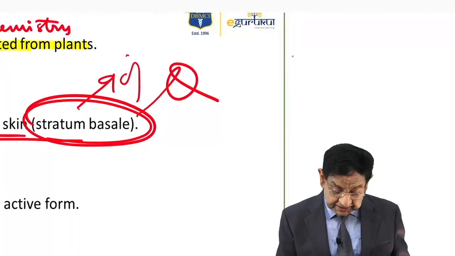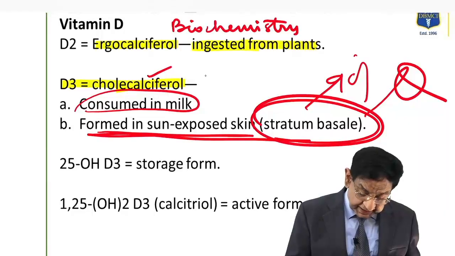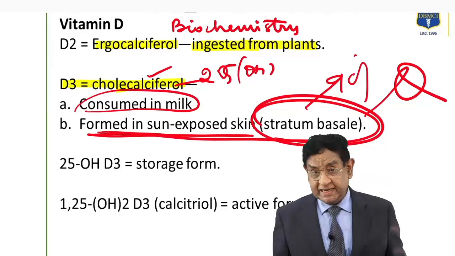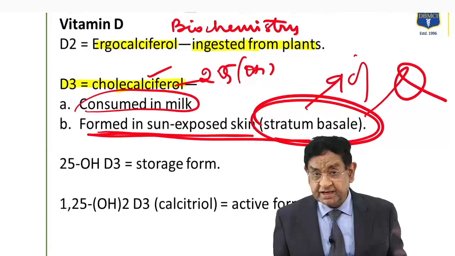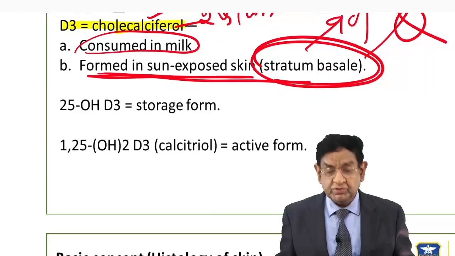In the liver, it is converted into 25 hydroxy cholecalciferol. That means there will be addition of a 25 hydroxyl group to cholecalciferol. This is made in the liver, but now it goes to the kidney.